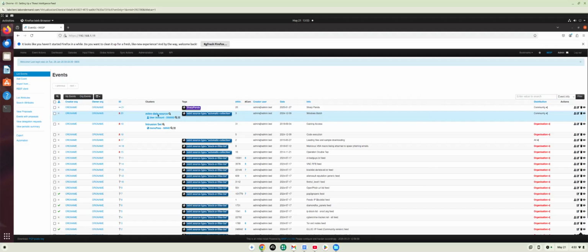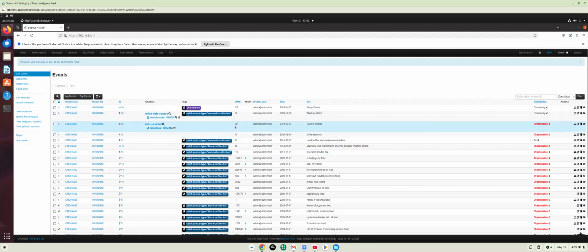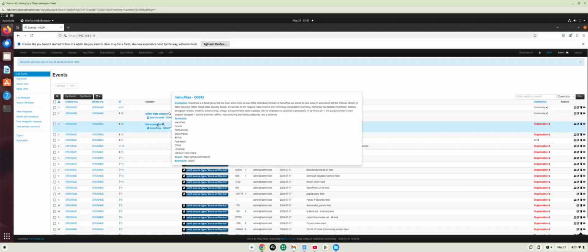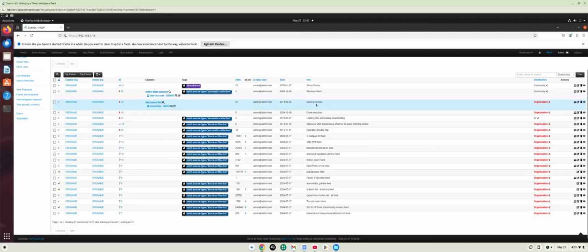All right, so if we look at clusters here, let's look at the third line where it says intrusion set, and it says info. What info is going to tell us is right here. It's saying gain access. It's correlating what it's picking up from clusters.